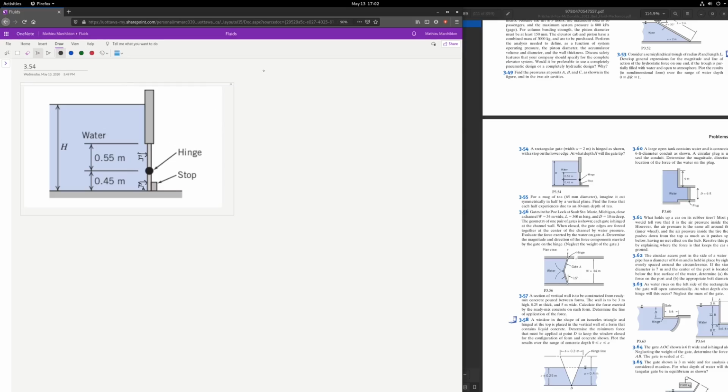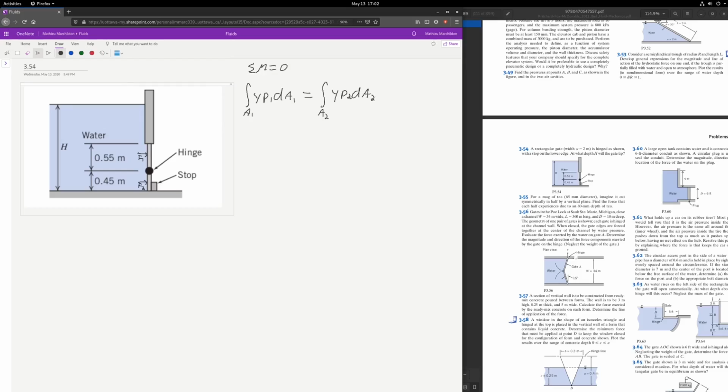So this can be expressed obviously as a sum of moments equal to 0, but also in an integral form, where we have the integral over the area A1, so the area 1 is going to be this section right here, times a certain distance y, p1 dA1, is equal to the integral over the surface area A2 of y p2 dA2.